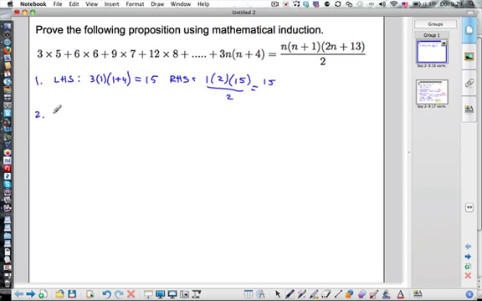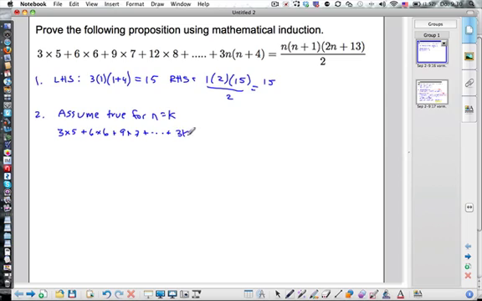So the next step, assume it is true for n equals k. So we have a statement that says 3 times 5 plus 6 times 6 plus 9 times 7 plus terms with those same characteristics.